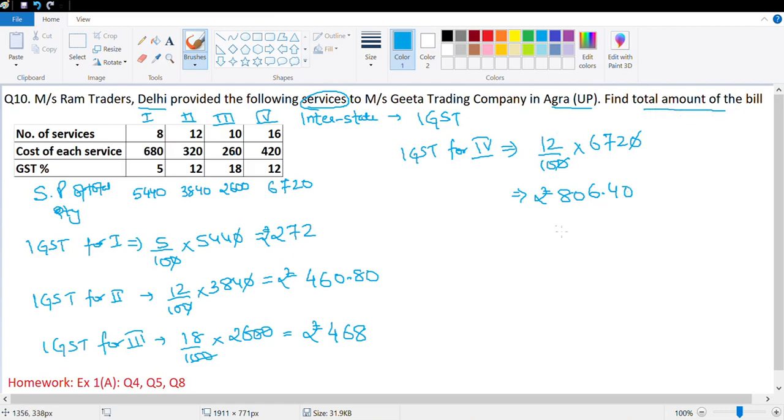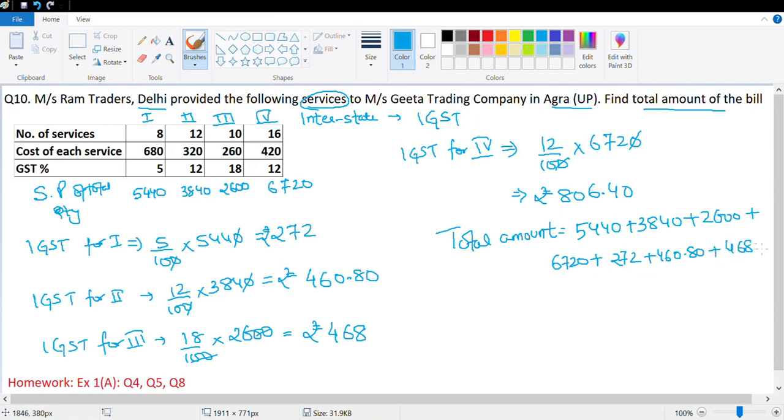Let's figure out what they want. They want the total amount. So total amount would be equal to the selling price, in this case 5,440 plus 3,840 plus 2,600 plus 6,720, plus the different IGSTs: 272, 460.80, 468, and the last one, 806.40.